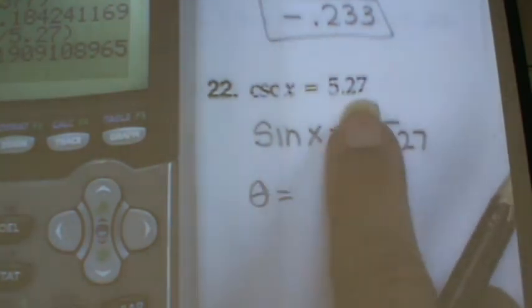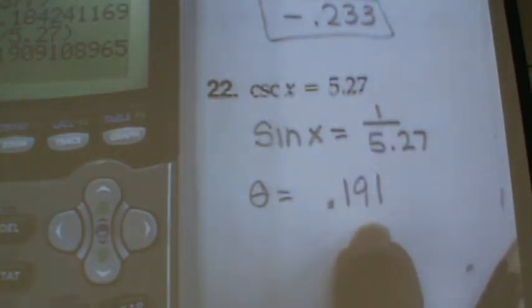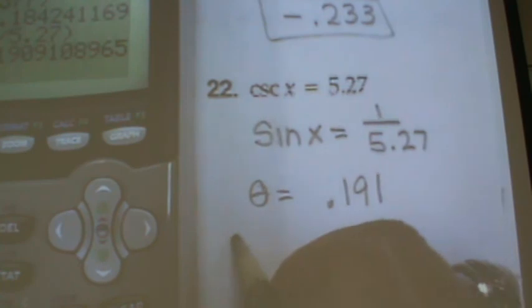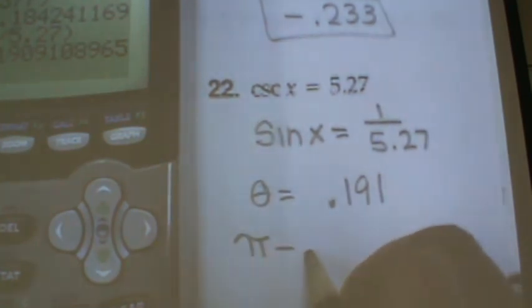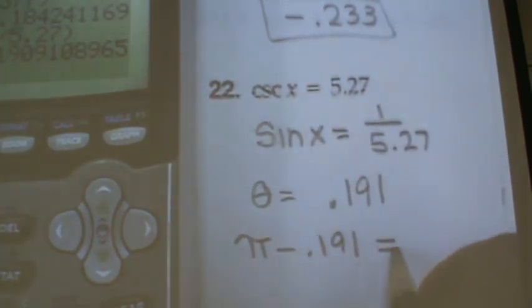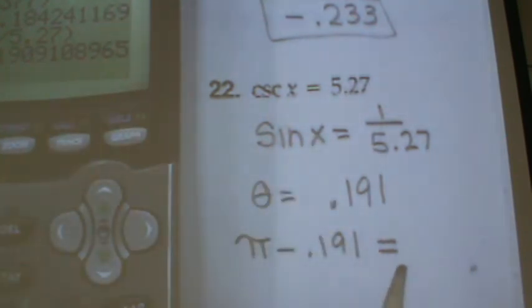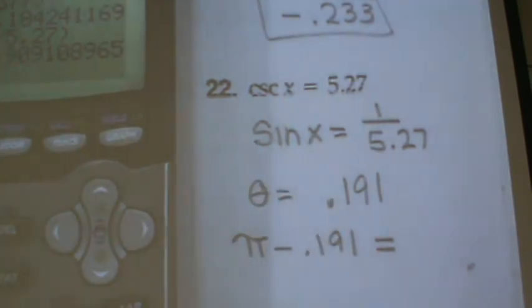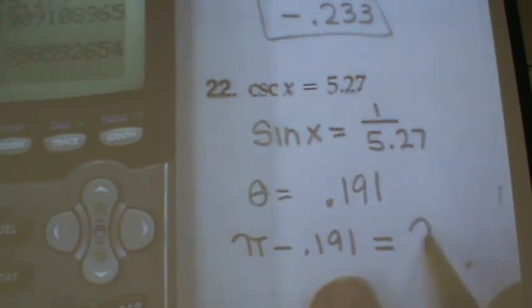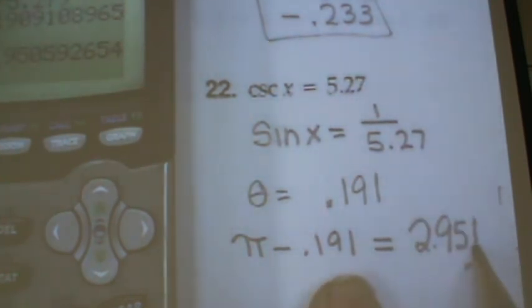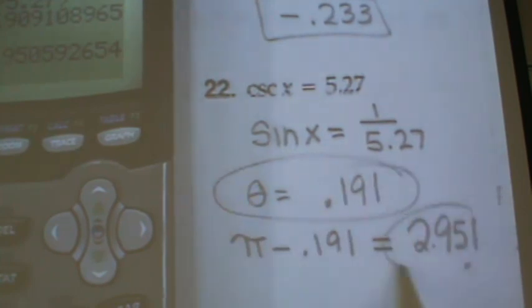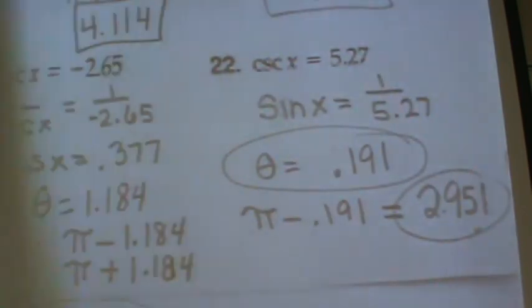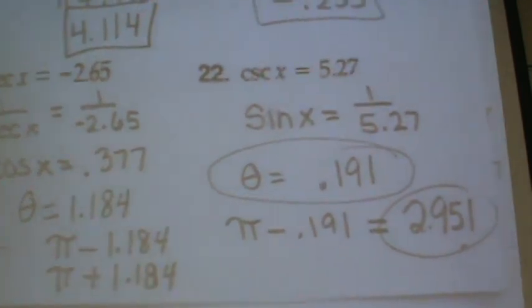Is it one of the answers? Yep, because it's in quadrant 1 and it's positive. What other answer am I going to give you? Pi minus 0.191. Good?